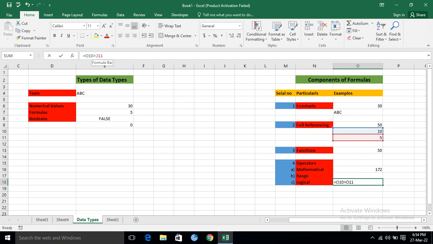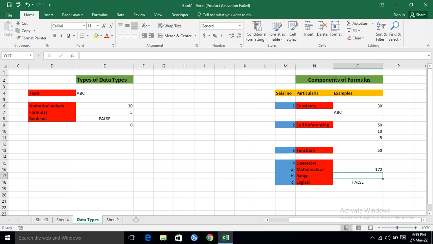But suppose if I do this less than this, the answer is false, because as we know, 10 is not less than 5, it is greater than 5, so that's why the answer is coming to false. So this is the logical operator.